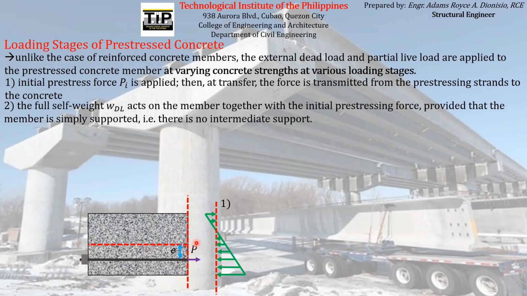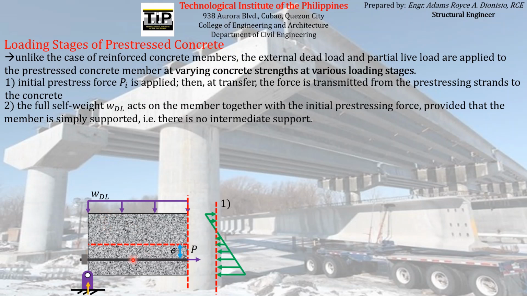After the prestressing force is transferred from the prestressing reinforcement to the concrete element, the element will experience bending upward, or in other words camber, thereby making it look like a simply supported beam. Because of that, the concrete element is forced to support its own weight, W sub DL.